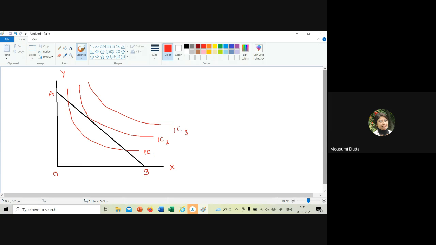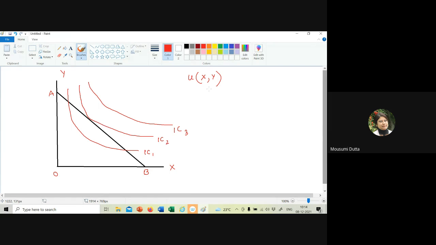And on the basis of the utility function, U is a function of X and Y, I can generate the indifference map where along each indifference curve, for different combinations of X and Y, my utility remains unchanged. Along an indifference curve, say IC1, IC2, IC3, the satisfaction remains unchanged.